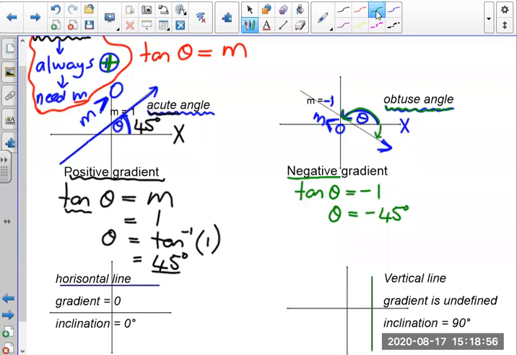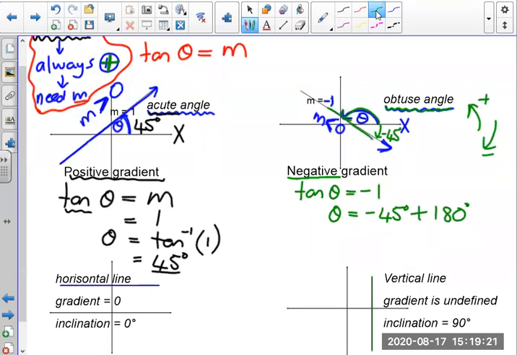So what your calculator is giving you is that angle there. If you remember, we said that's the positive direction of measuring, that's the negative direction of measuring. So this minus 45 actually means that angle there. And that's not what you want. You want the angle above the x-axis. So how will you get this theta? You just add 180 degrees, angles on a straight line.